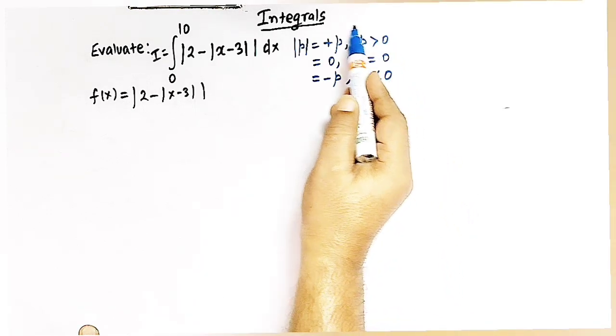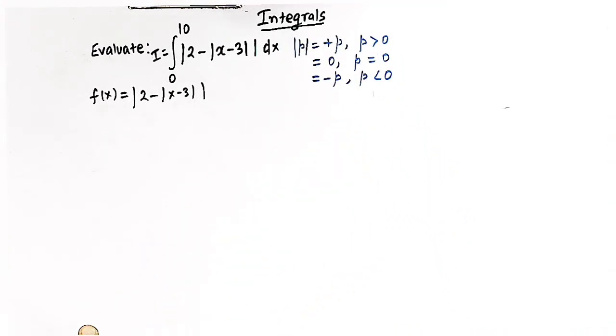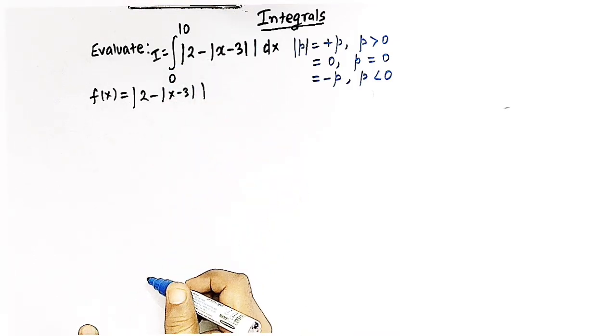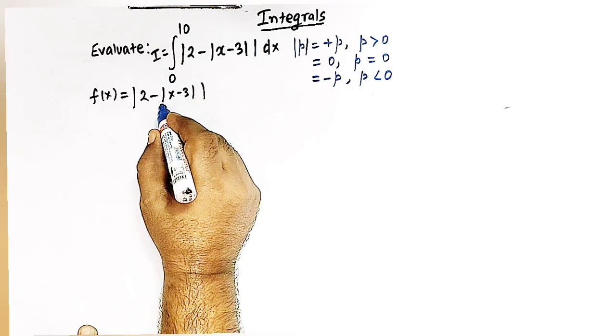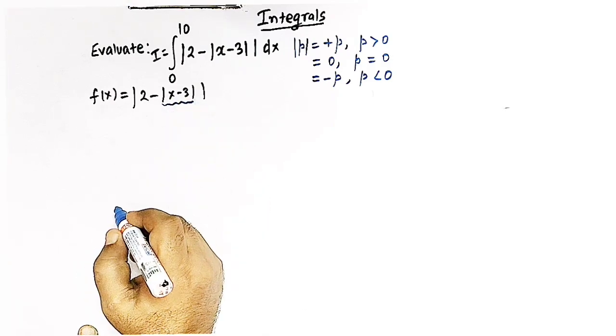So here this mod function definition is going to be of prime importance in solving this definite integral, right? So let us first take care of this mod function, that is mod of x minus 3.